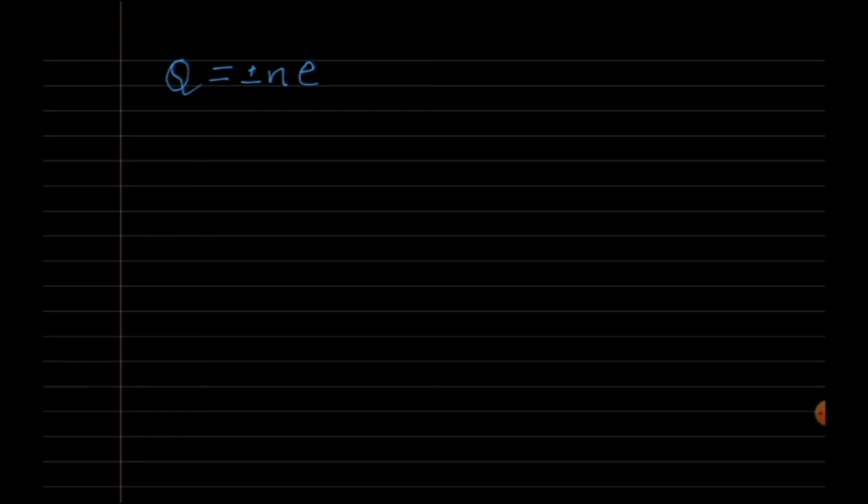So Q is equal to Ne. Now the total charge can be represented as plus or minus n into e. Here n is an integer, e is the smallest unit of charge. So this property is called quantization of charge.